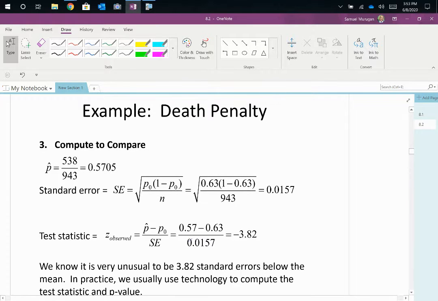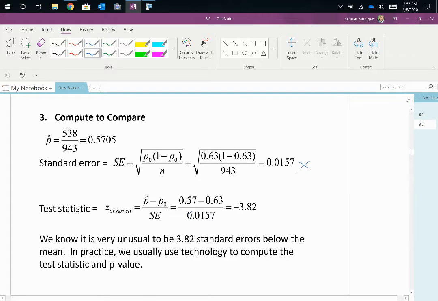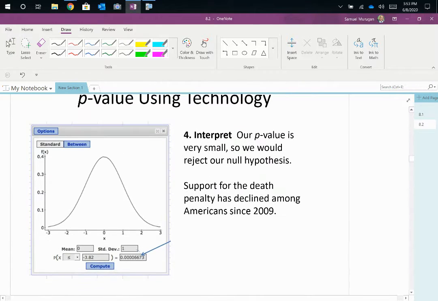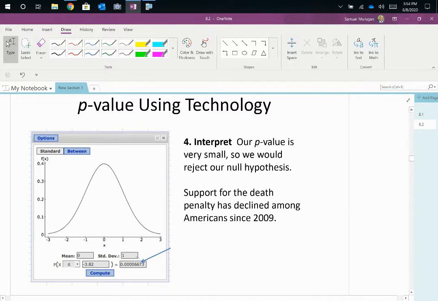We're not going to use these methods to calculate the test statistic. We're going to use technology to compute the test statistic and the p-value. Okay, and I'm going to show you how to do that very soon.